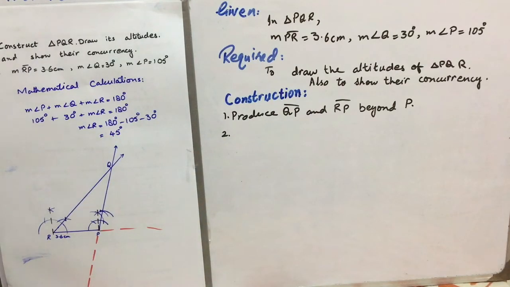Step number 2. From Q, I will draw an altitude on RP, the extended line.